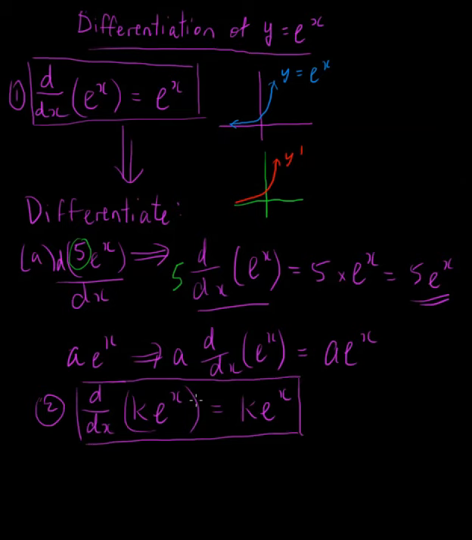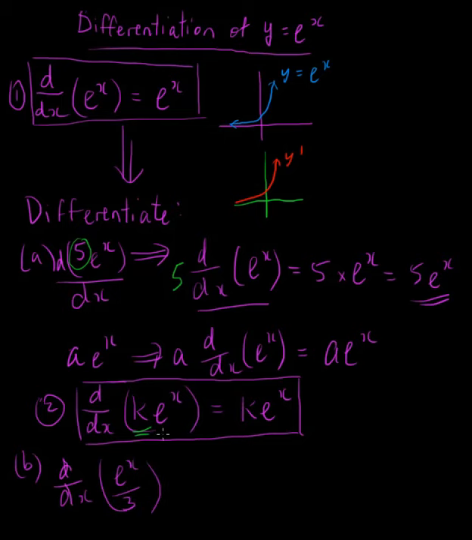Now this particular formula, it's important to note that it allows us to do a few things that may not be readily seen. You just need to be careful to see the coefficient in front of the e^x. You need to be careful to see the k part. Here's an example. Let's say you've got a question where you need to differentiate e^x over 3.